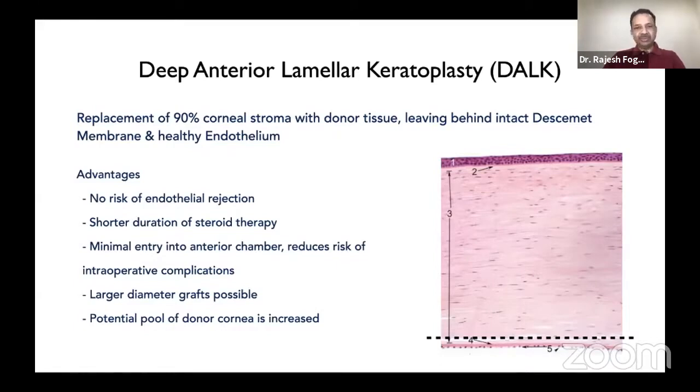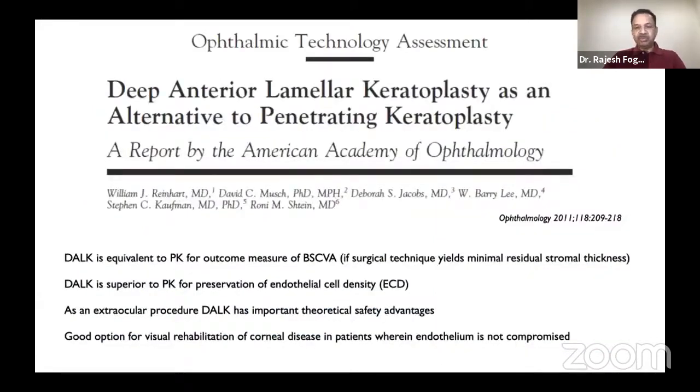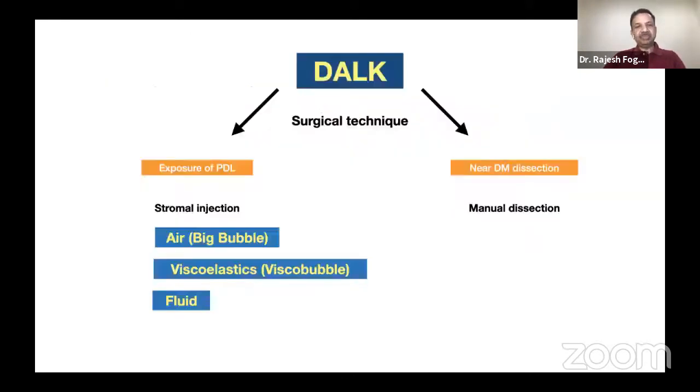This report published back in 2011 showed that the outcomes of DALK are comparable to penetrating keratoplasty, and superior to PK in endothelial cell density preservation. It has safety margins compared to PK and is good for visual rehabilitation in conditions where the endothelium is still healthy. Among the surgical techniques, you basically have two.